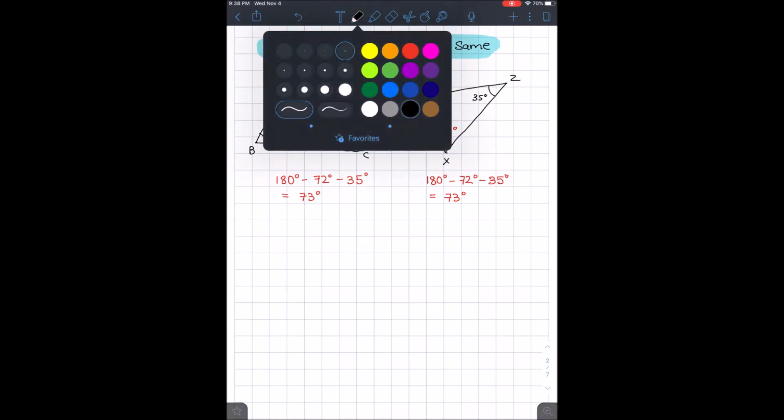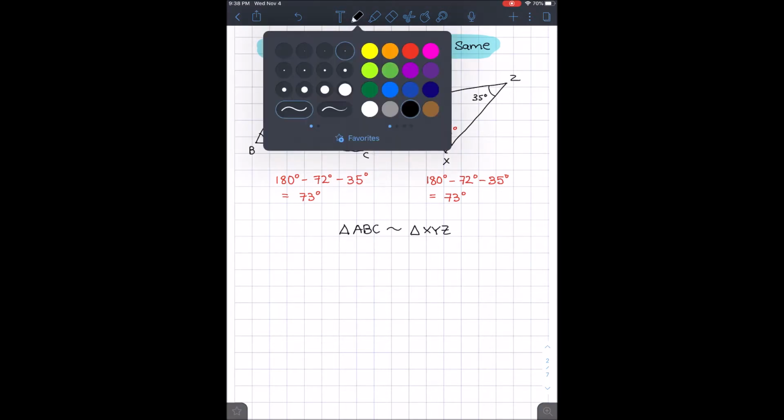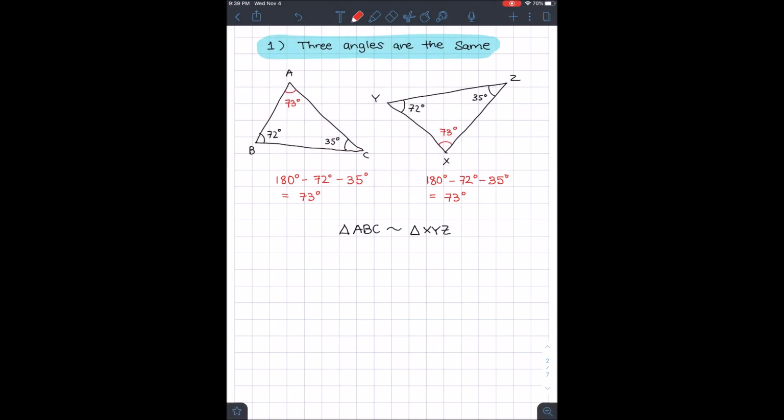So we can say, based on the rule or the condition, that triangle ABC is similar to triangle XYZ. And the reason is because all three angles are the same.